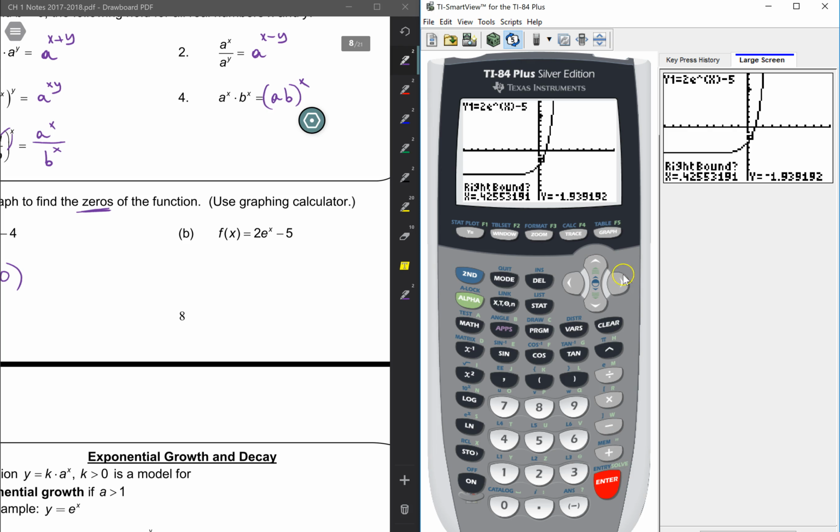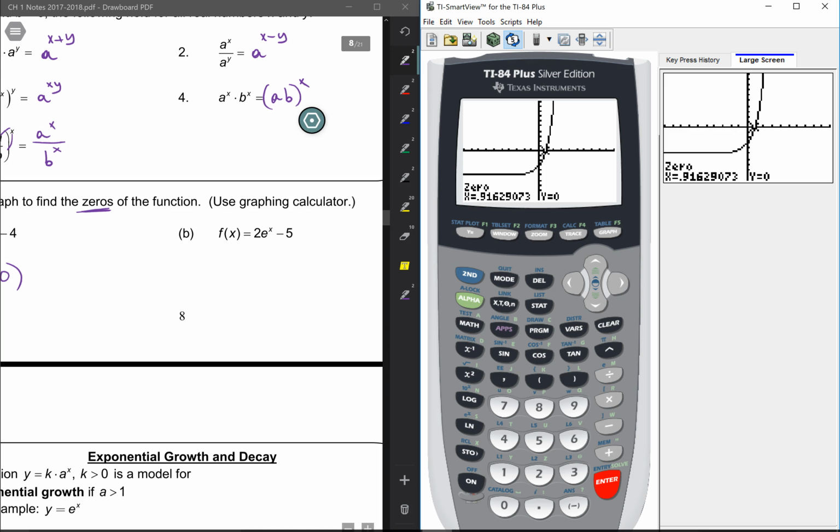Enter. Then, take it to the point again, and then press the right arrow a couple of times. Enter. You want me to guess? Knock yourself out. So there it is. 0.920. Okay?